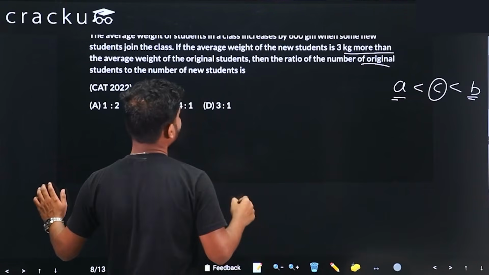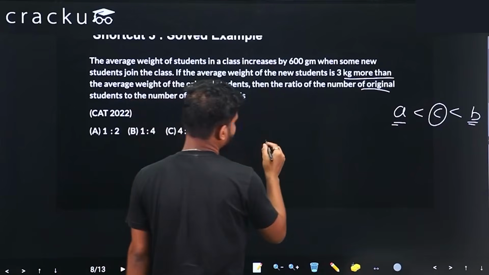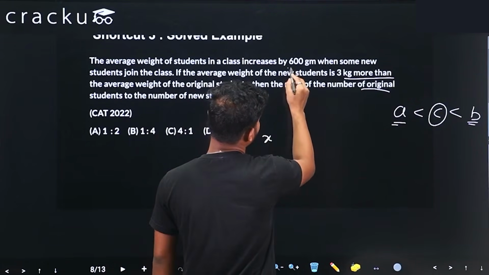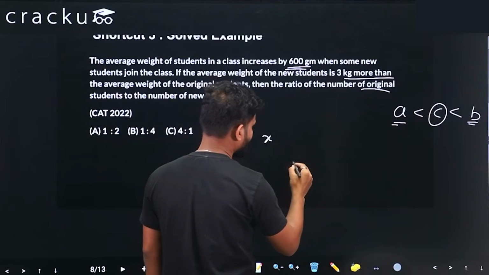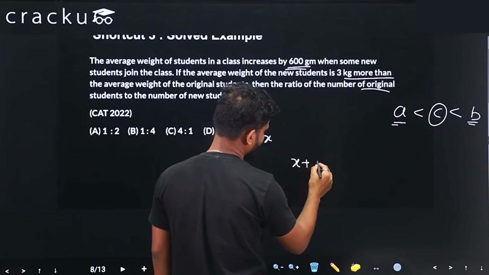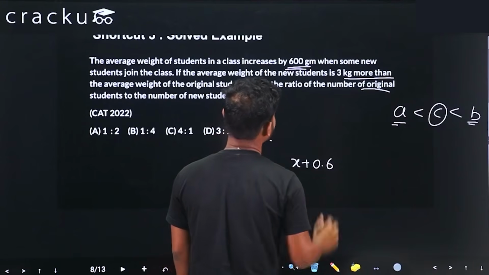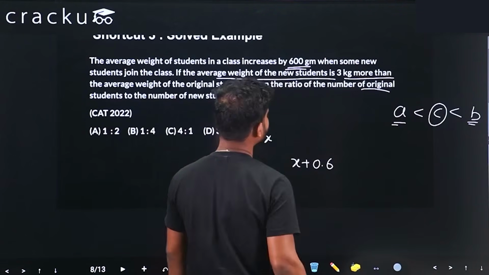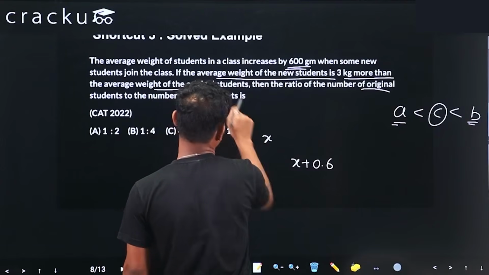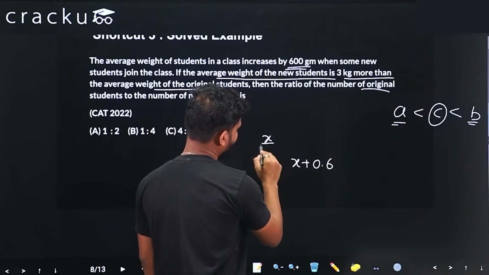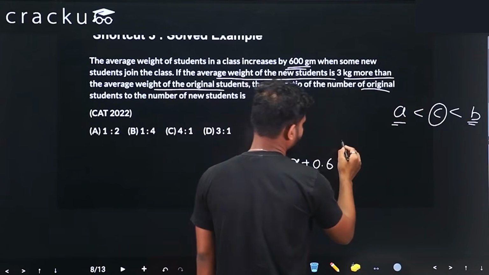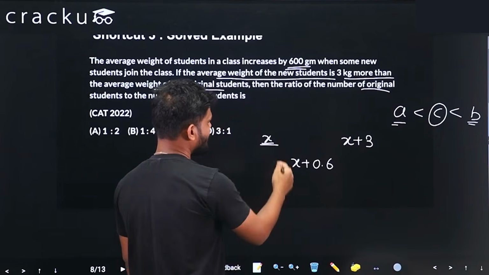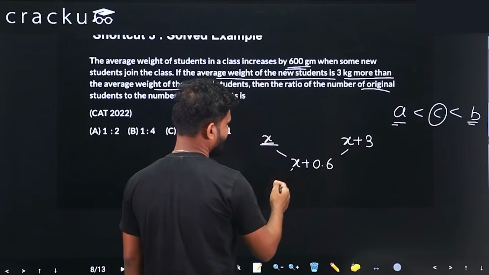So let us say the initial average was X. The final average became 0.6 kg more. 600 grams is nothing but 0.6 kg, and the average weight of new students is 3 kg more than the average weight of original students. If the average weight of original students is X, the average of new students will be X plus 3. Now just apply the alligation here.